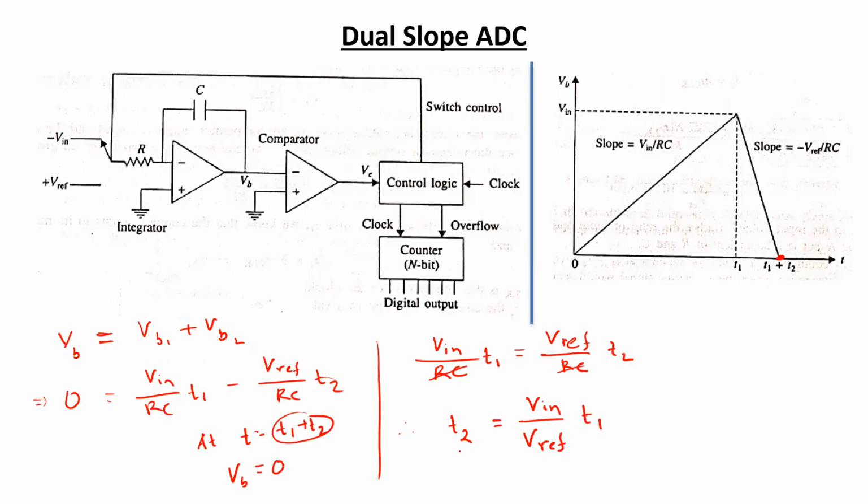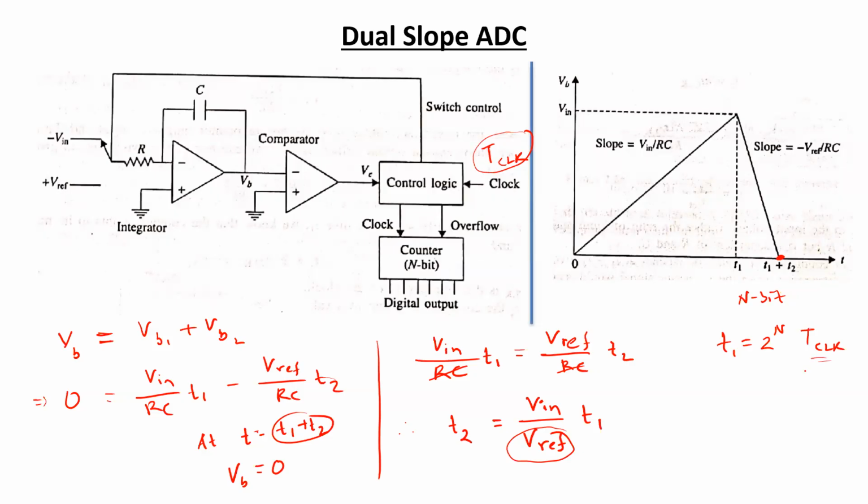So for this case, the reference voltage for a particular configuration can be considered to be constant, and also for a particular fixed clock pulse, a fixed period of the clock pulse, the time t1, which is actually the time required to count up to the maximum limit of the counter, is constant as well, because the maximum number of counts that an n-bit counter can do is fixed.